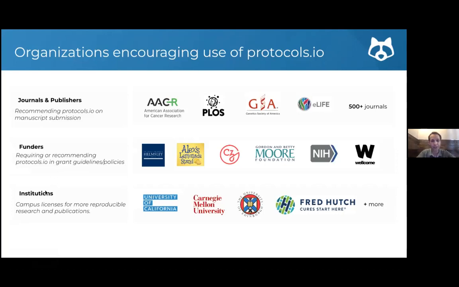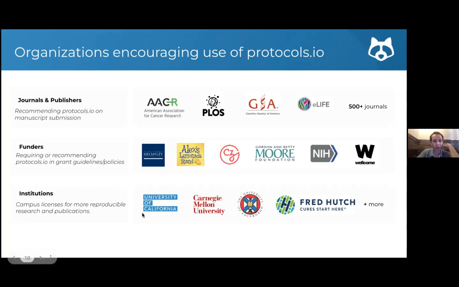And as I mentioned in the beginning, there is an increasing number of companies, organizations, and universities that have site licenses. So I think all of the University of California campuses have a site license for protocols.io and many others. We've started those in 2019 and it's been expanding quickly.